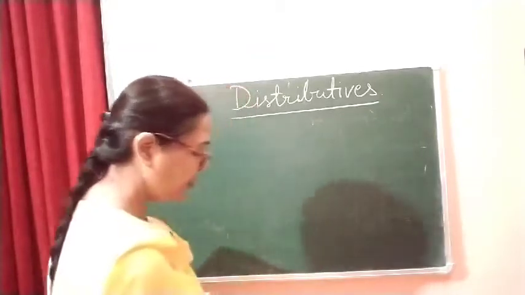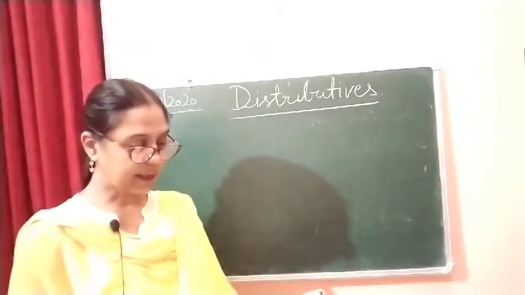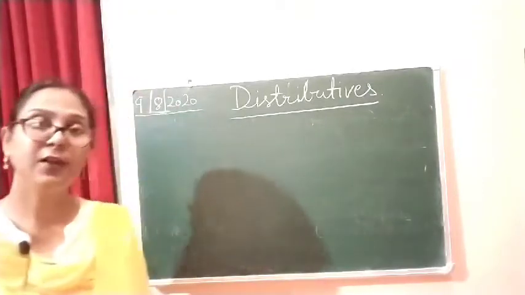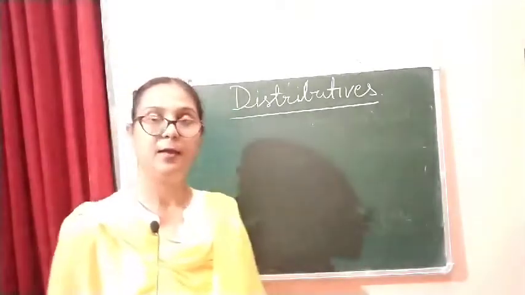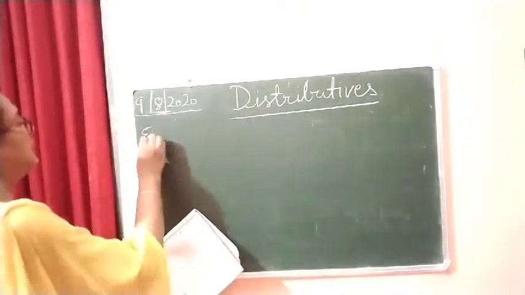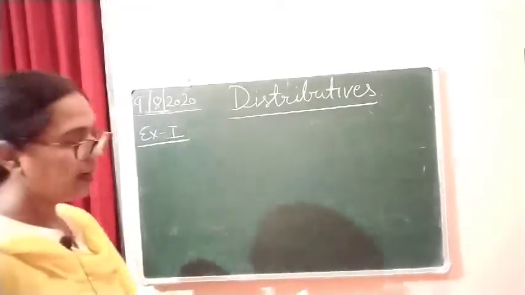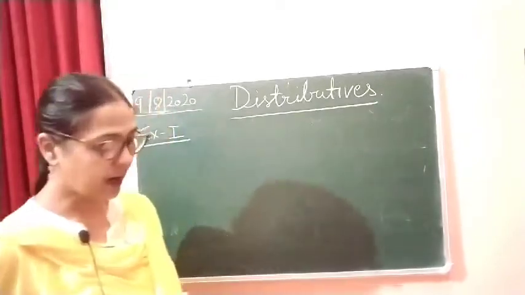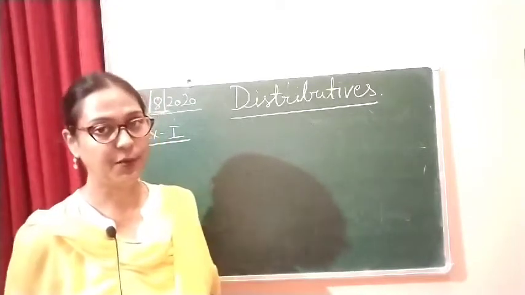Take the correct option to complete the sentences. This exercise you can find on page number 47 in your Mastering Grammar book. Exercise I. Now here we are going to tick the correct option which is appropriate.